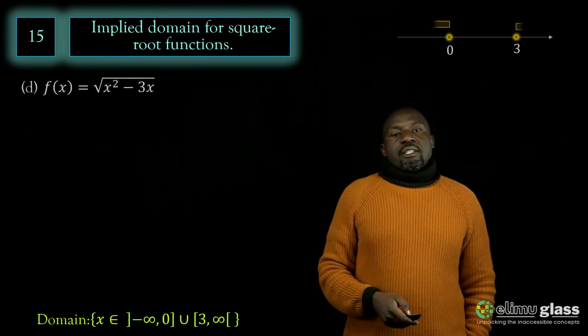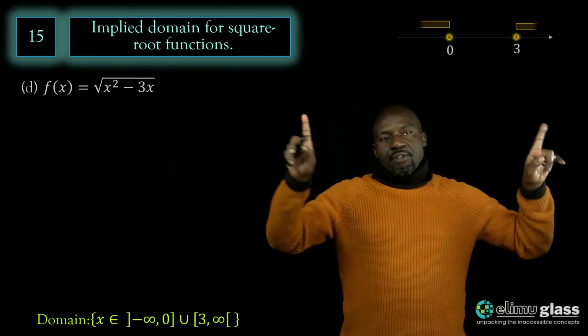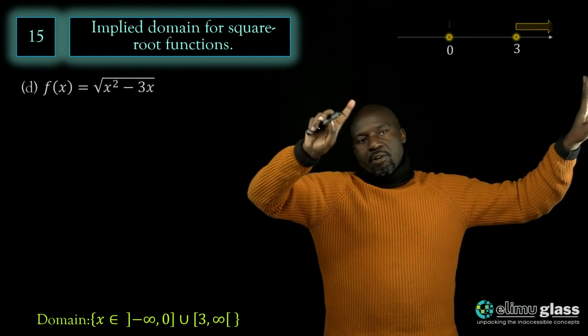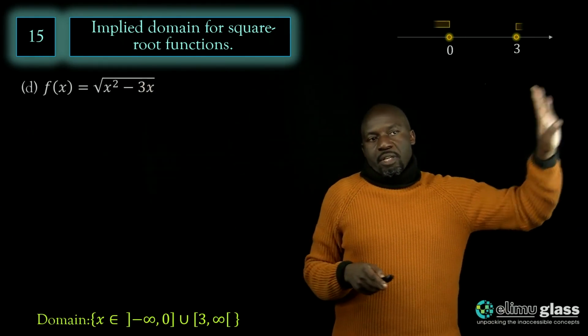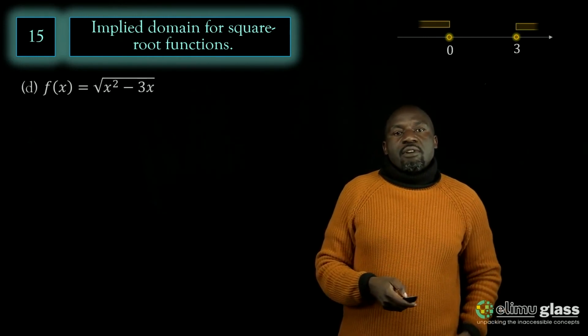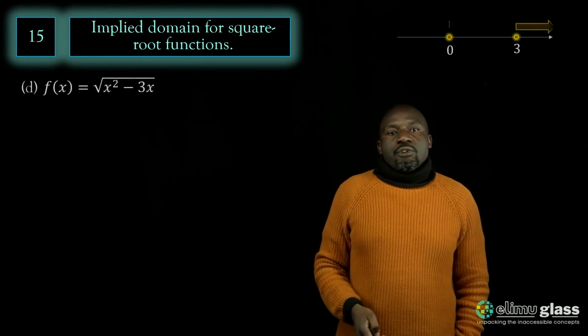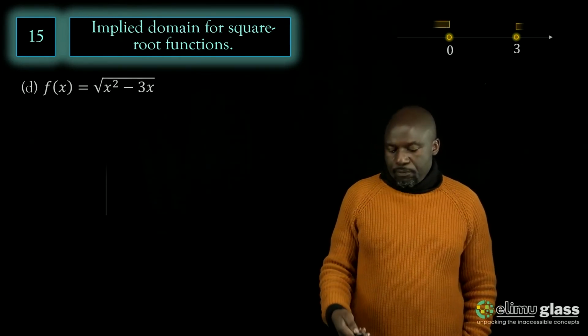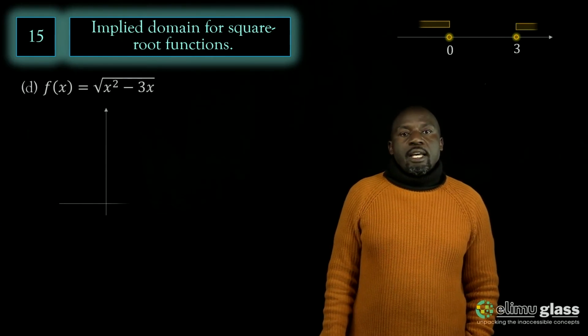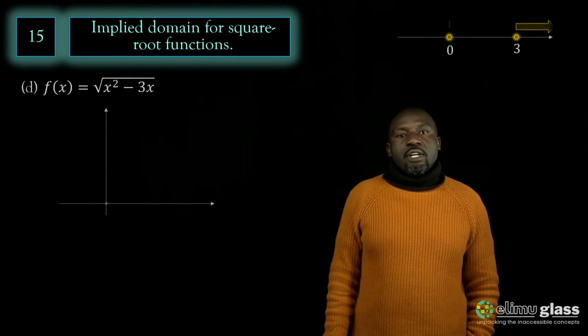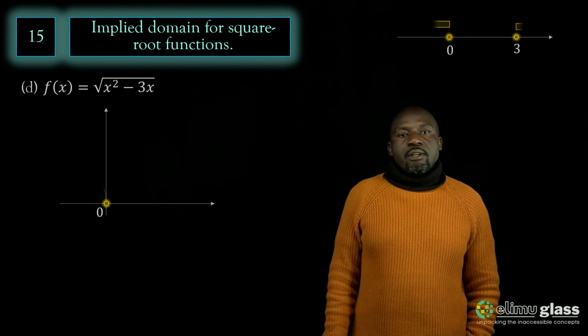Okay, and how does the graph look then? We want a graph that occupies 0 backwards and 3 onwards. So how does that graph look? We draw the y-axis, right, and the x-axis. We position 0 and 3. So that's 0 there, and we have 3.